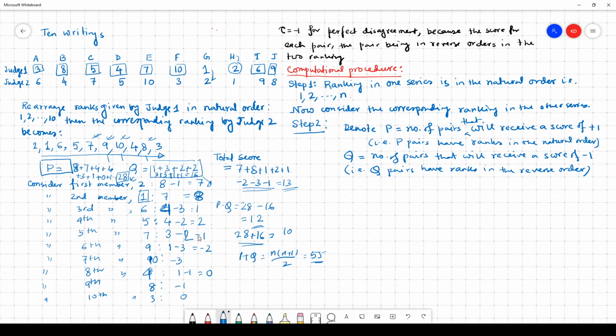So I think there is a mistake. This is correct. Please find out the mistake. P plus Q should be 55, but here we see that it is less than 55.